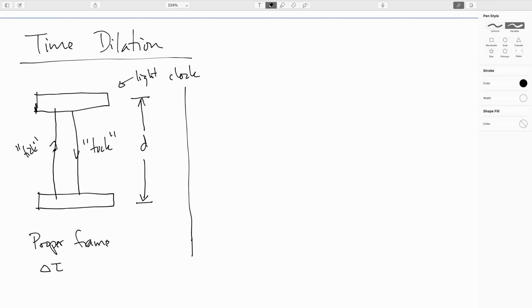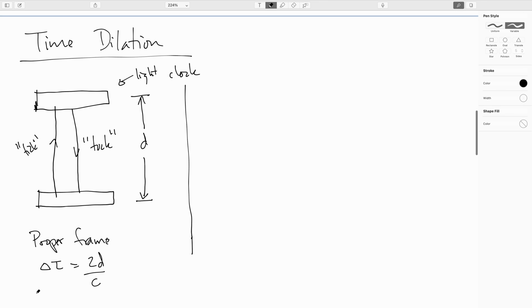So we go from tick back to tock. The light will have traveled a round trip distance of 2d at the speed of light. Now this is a delta tau, which is a pretty standard notation for what's called the proper time interval. That's the time between the two events in the frame where the thing is seen as not moving.